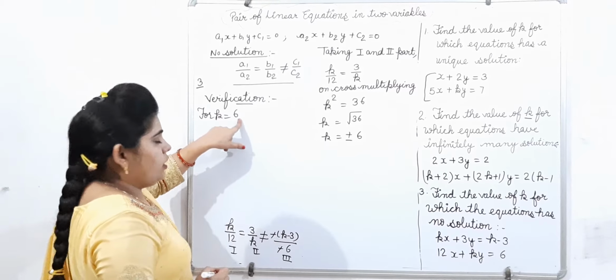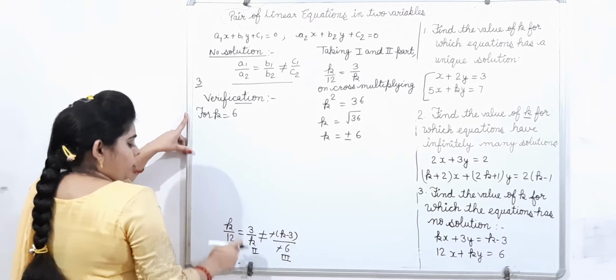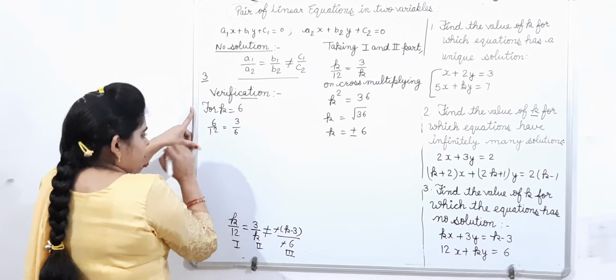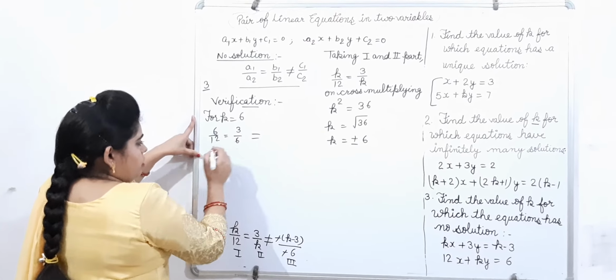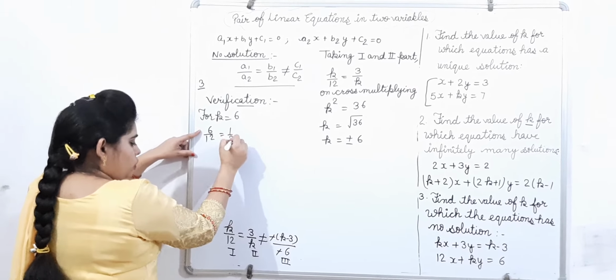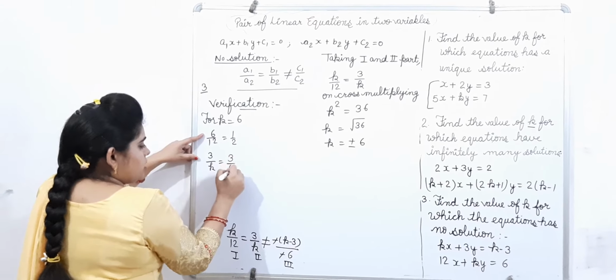First of all, we will verify it for k is equal to 6. Putting the value of k in the equations, 6 by 12 is equal to 3 by 6. From here, 6 by 12 we will get 1 by 2. 3 by k means 3 by 6, we will get 1 by 2, and k means 6.